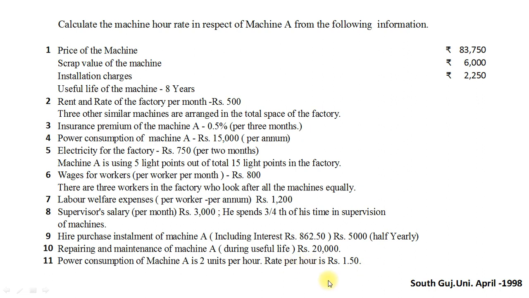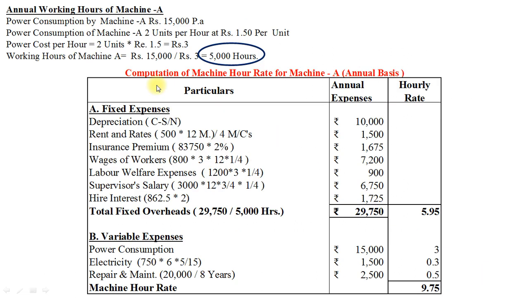Okay, so after understanding the entire sum, now let us prepare a statement for calculation of machine hour rate. Dear students, here I have shown a working for annual machine hours. Power consumption by machine A is rupees 15,000 per annum. Power consumption of machine A is 2 units per hour at rupees 1.50 per unit.